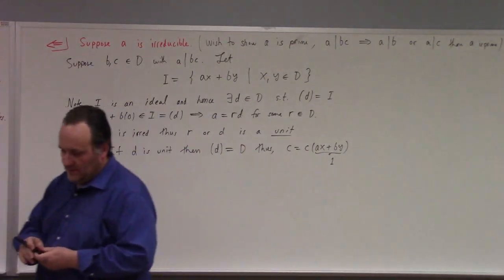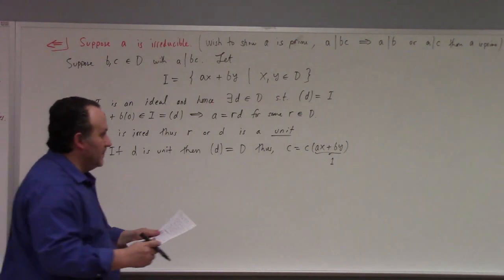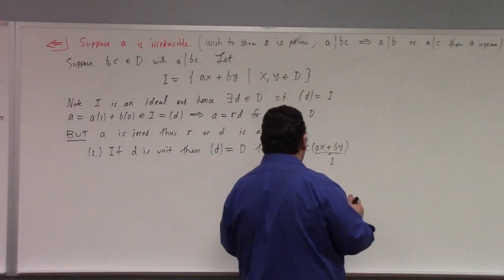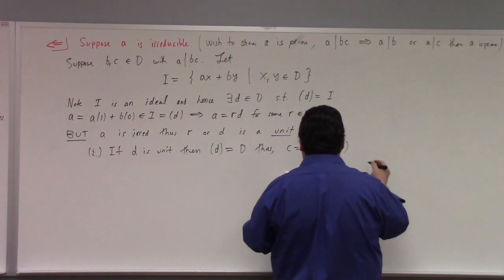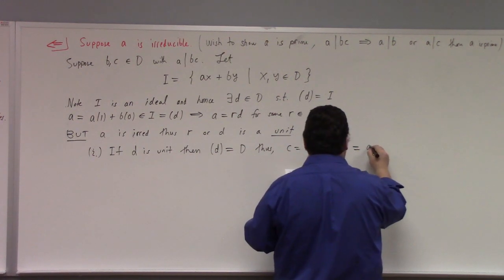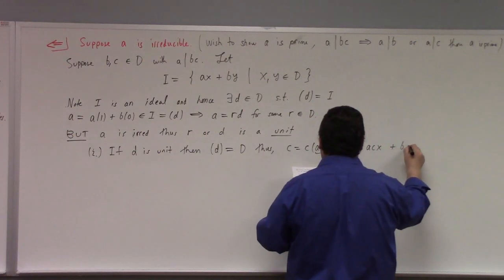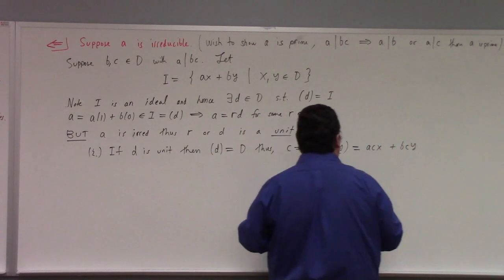And as such, what's that tell me? Okay, so I rewrite this as ACX plus BCY, right?